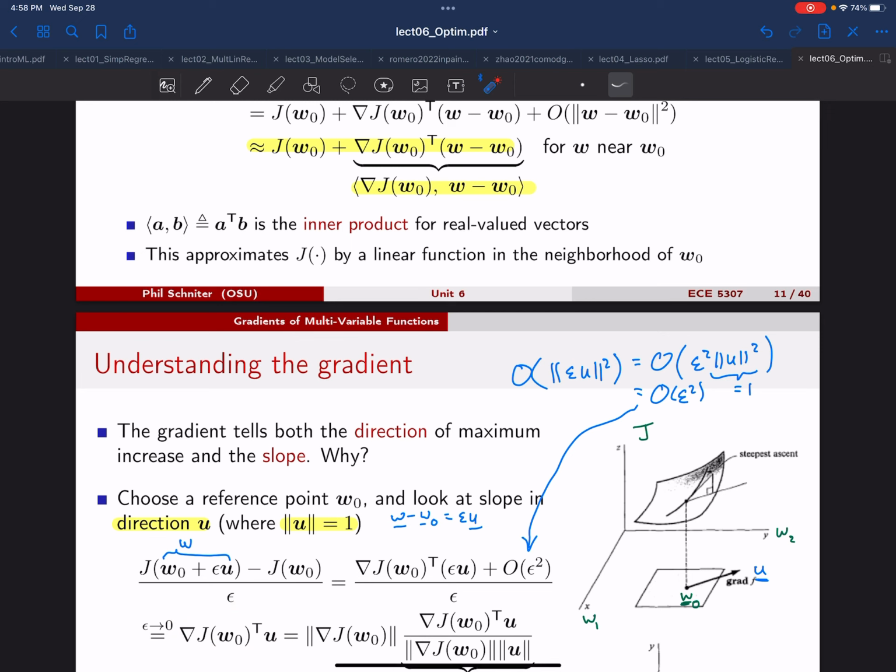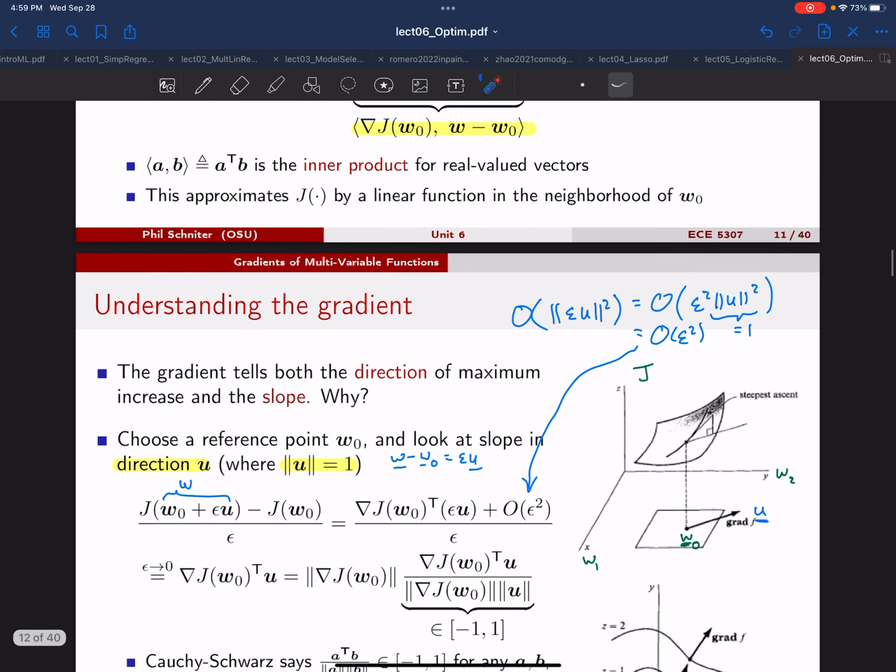Okay. So we have a nice, simple expression for the directional derivative at this point W naught. It's the gradient at that point transpose the direction we're looking at. Okay, everybody with me so far?